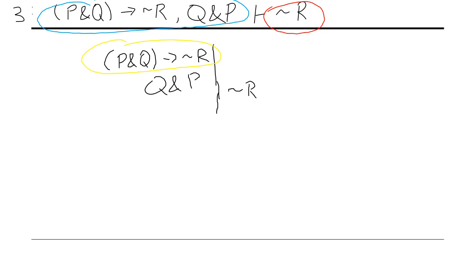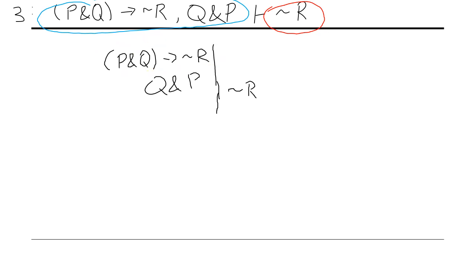So let's just start with our first premise. Again, we got to identify what the main operator is. We got three different ones. We have the ampersand, we have the arrow, and we have the tilde. The ampersand is in between two parentheses, so that's telling us that that's not the main operator. Our tilde is attached to the R, not the whole statement, so that's not the main operator. So our main operator is the arrow.